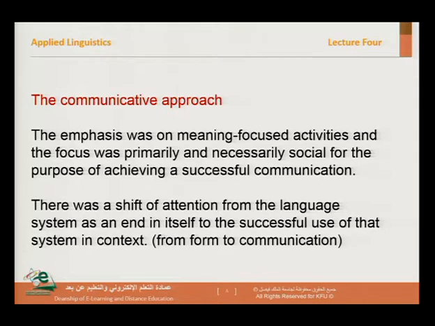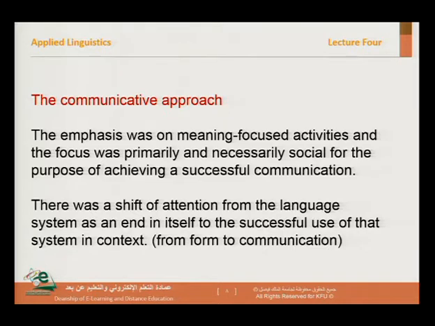The theories behind it have had a profound and far-reaching effect, not only in language teaching, but in many other applied linguistic areas too. Like, for example, my field, language testing.